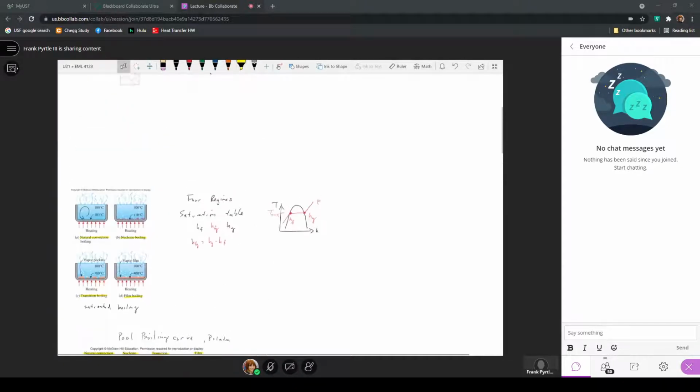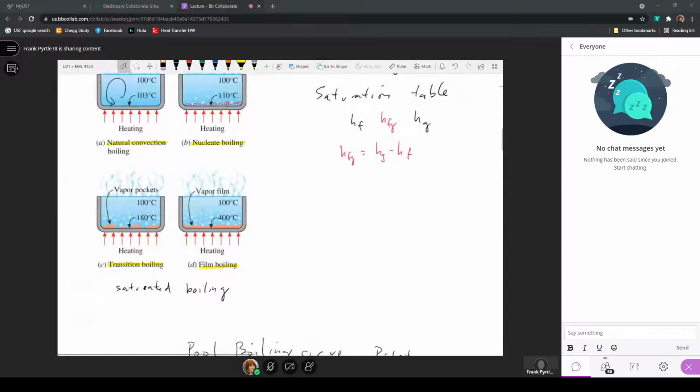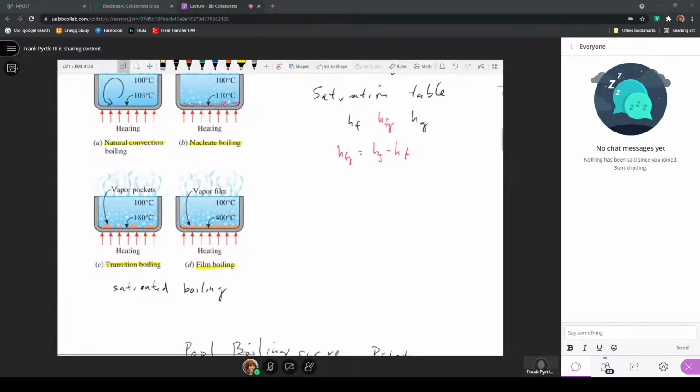Now, just to go back to the schematic here, again, when we get to film boiling, there's actually a vapor film that separates the liquid from the solid surface. The solid surface is the place where nucleate pool boiling would occur, and that vapor would be converted from liquid into vapor on this solid surface because the liquid is actually in contact with the heated surface.